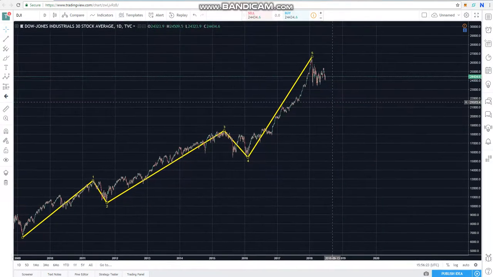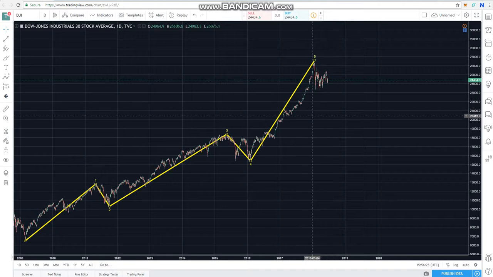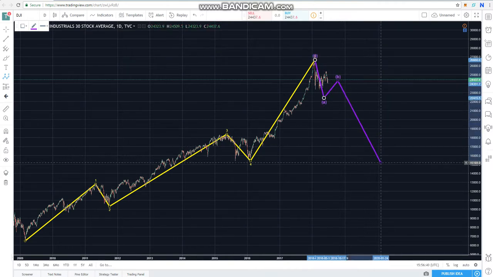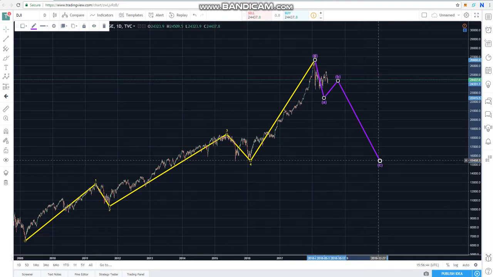So what we see right now in Dow Jones is that a 5 wave structure has been completed. A primary wave 5 wave structure has been completed. So what we expect using Elliott wave count is a decline in the price action towards, say, maybe the wave 4 level.